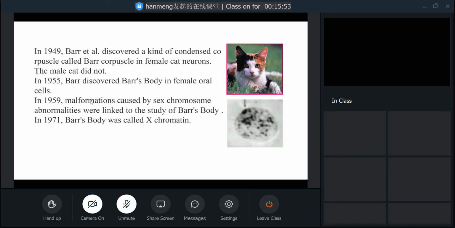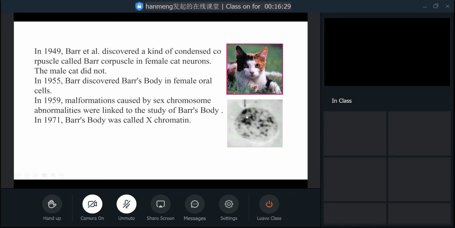In 1955, Barr discovered Barr bodies in female oral cells. Then, in 1959, malformations caused by sex chromosome abnormalities were linked to the study of the Barr body. In 1971, Barr's body was called X chromatin. Here the picture below shows the Barr body.